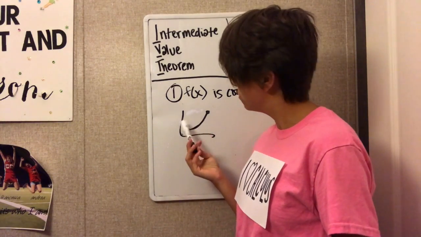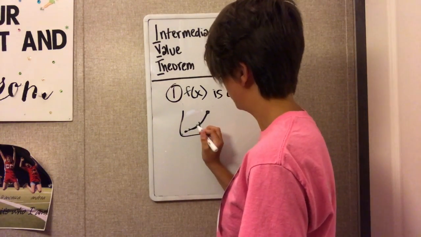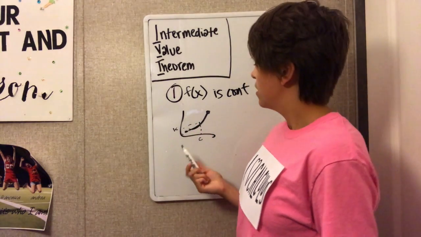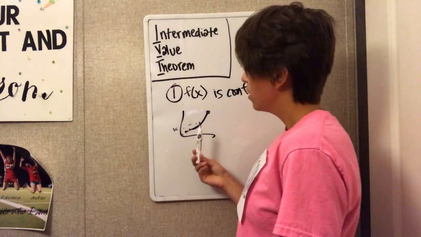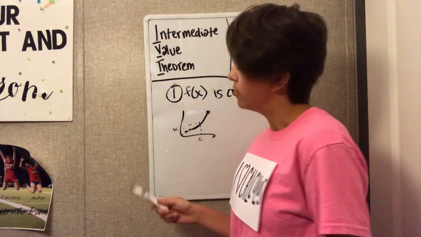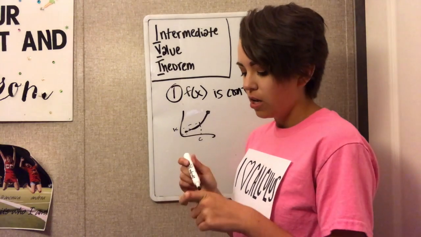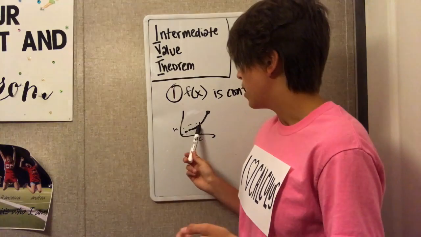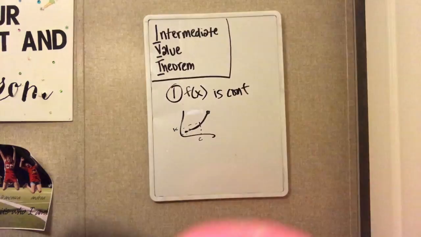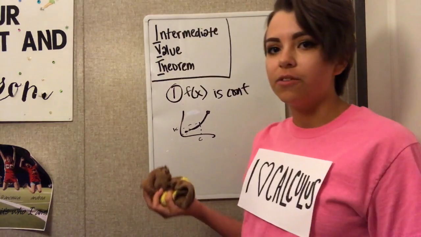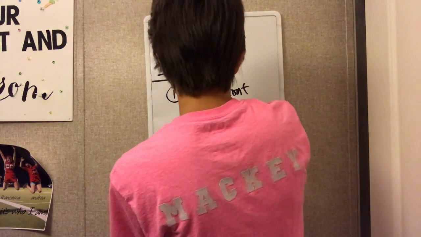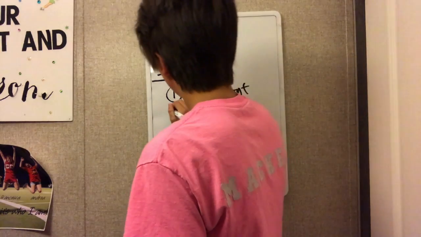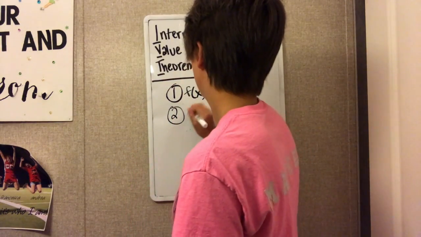So this little doohickey, say that this is K and C. IVT says that, say you're driving 10 miles per hour, and then at some other time you're driving at 60 miles per hour. Somewhere in between those two you had to be going 30 miles per hour, right? That's what IVT says. Speed is continuous, so f of x would be continuous.